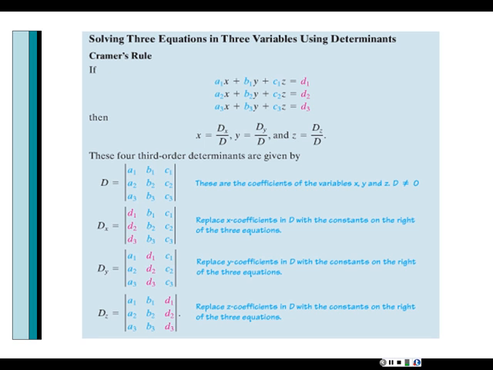At the beginning we have to find these 4 different determinants. All of the determinants here are themselves 3 by 3 matrices, and we now know how to find the determinant of a 3 by 3 matrix.